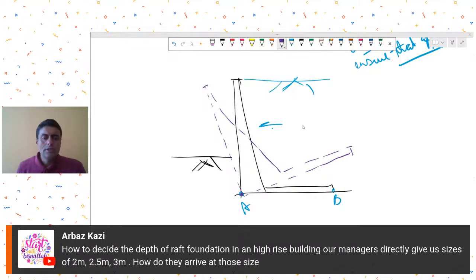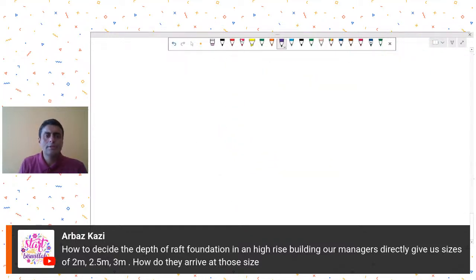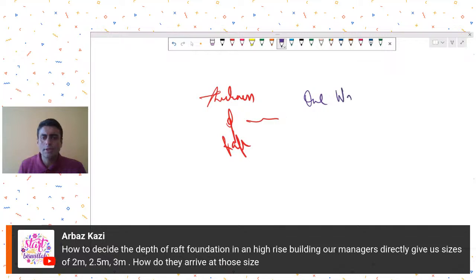Yeah. So see, the thickness of raft in these types of high-rise buildings will be governed by the one-way shear and two-way shear requirements. So one-way shear plus two-way shear requirements are going to govern it.